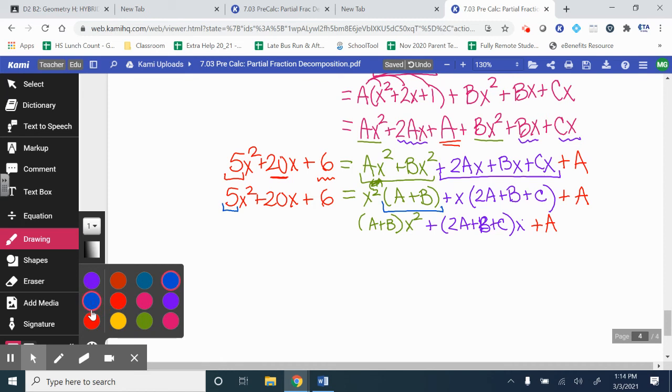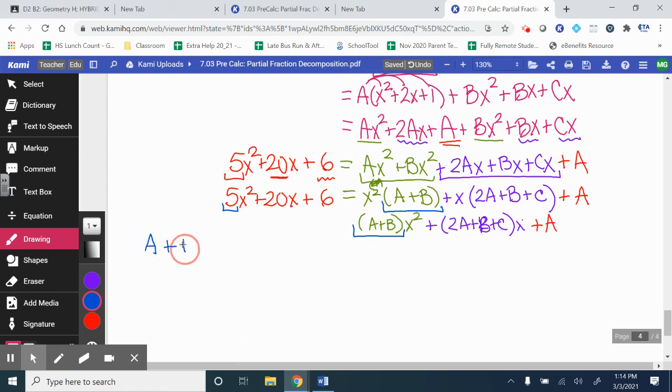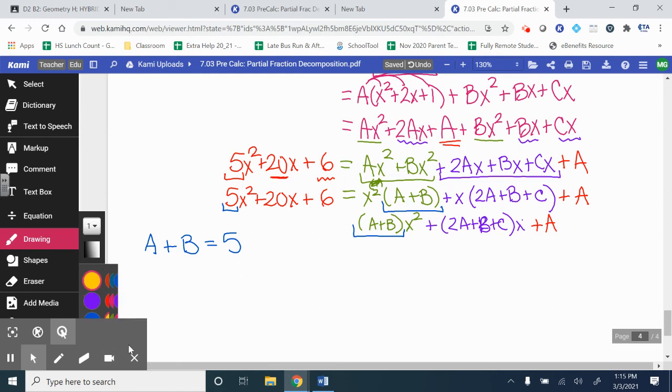All right, so now let's match it up. So 5 is the coefficient of x squared. A plus b is my coefficient of x squared on the right-hand side. So I know that a plus b has to equal 5. Next, my coefficient of x is 20. Let me do a straight line. So my x is over here, so my coefficient of x is 2a plus b plus c.